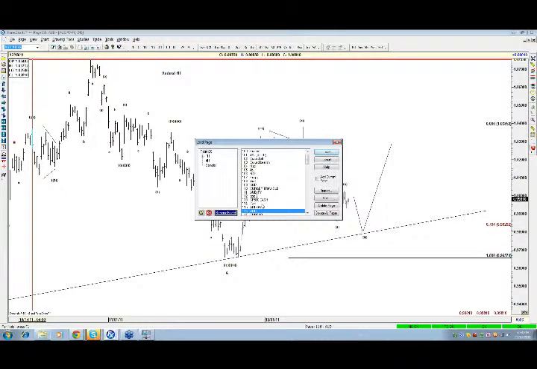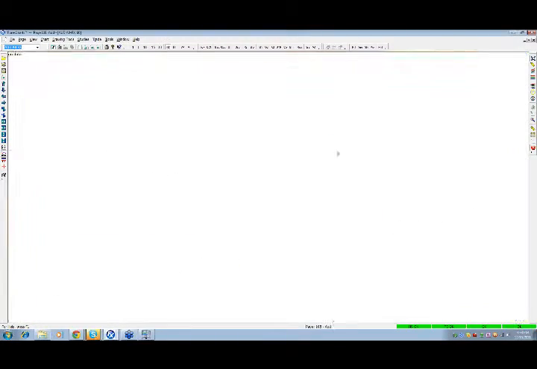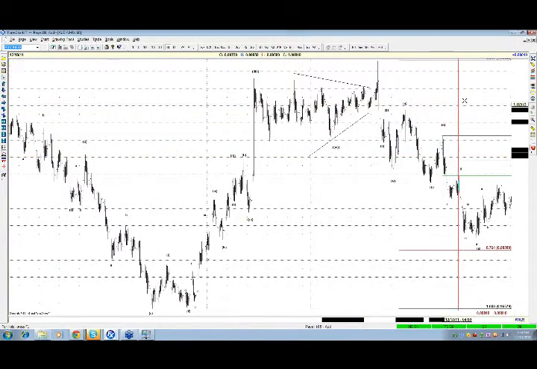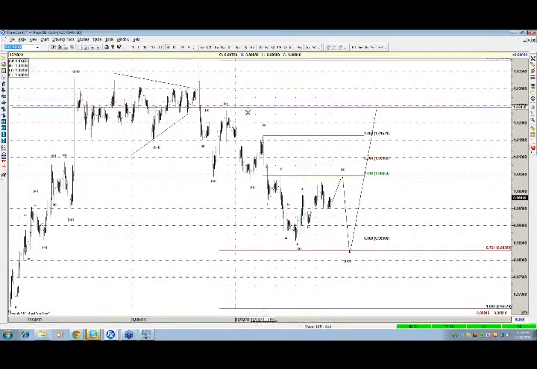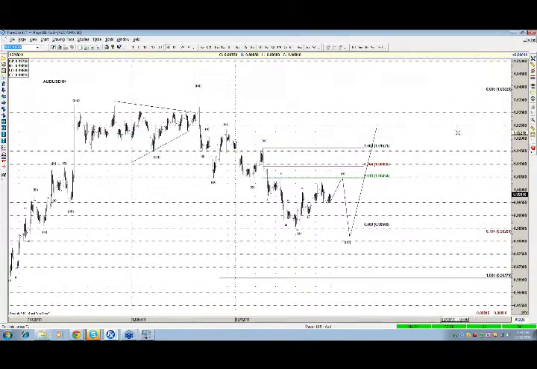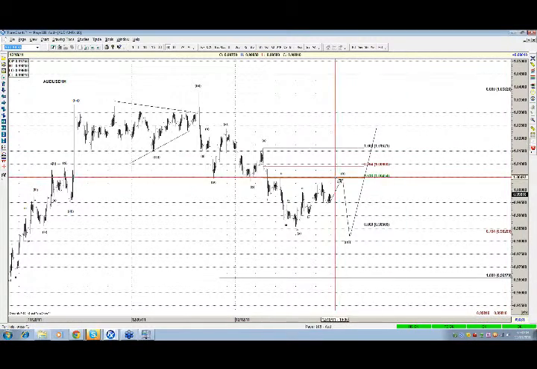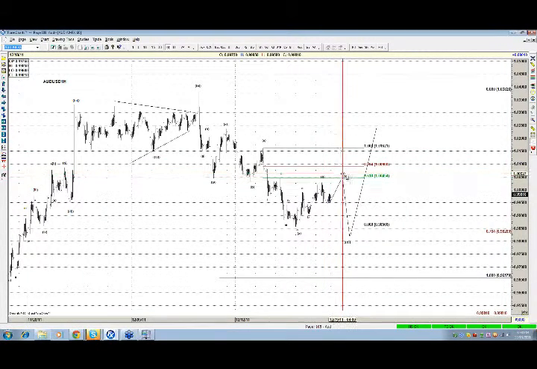Where is my 1-hour Aussie? I like it like this. It can be done right here. Aussie can be done right here. Same with the CAD, can be done already.